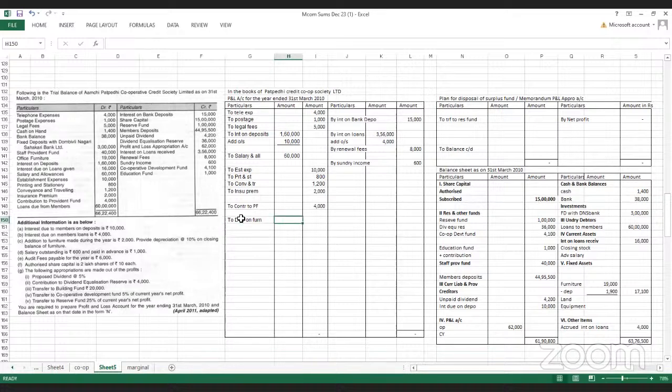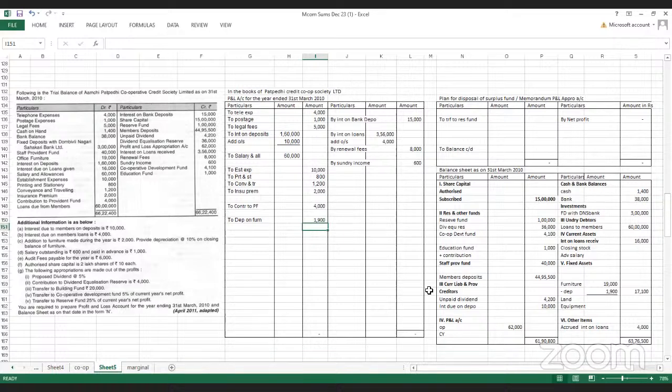If they had told you that furniture is unrecorded, then you had to add to furniture and also show on the liability side, current liability, as outstanding furniture, because since it is unrecorded, both aspects, debit and credit, will be unrecorded. So creditors for furniture like that. On the liability side also you have to put 1,900. Clear?